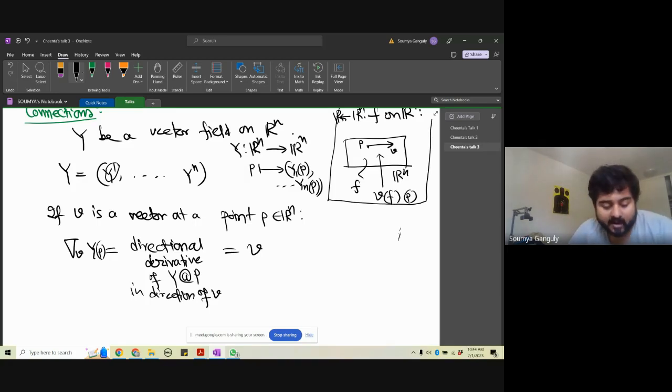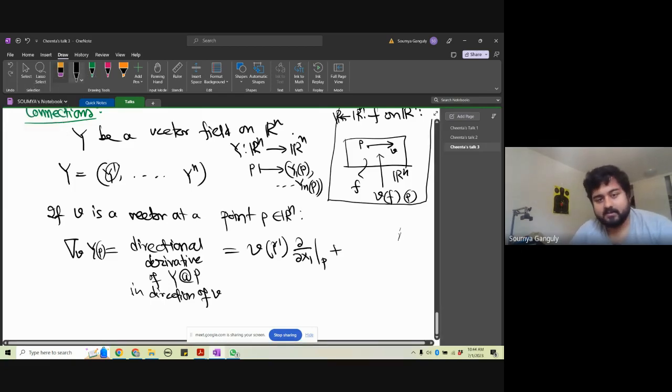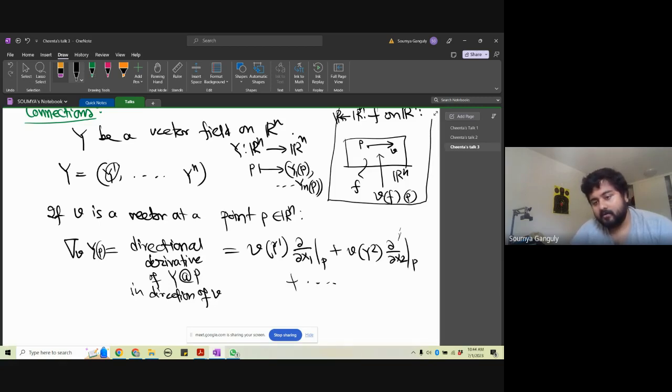So it is nothing but vy1 del x1 at the point P plus vy2 del x2 at the point P plus dot dot dot vyn del xn at the point P. Which means what?